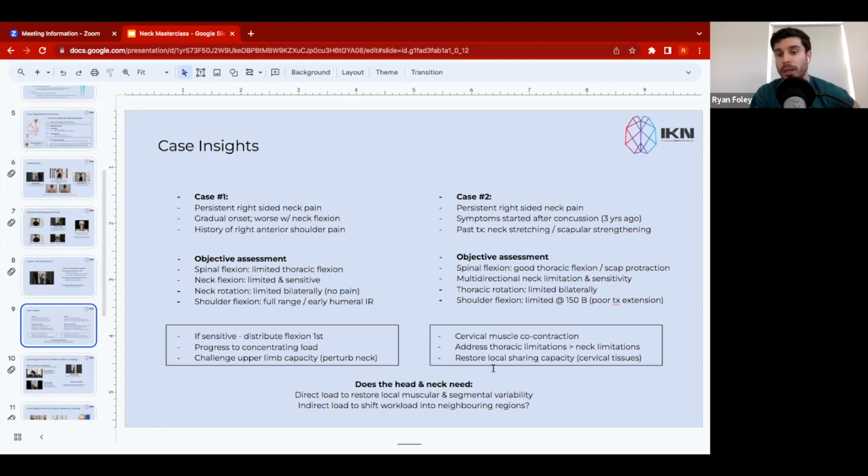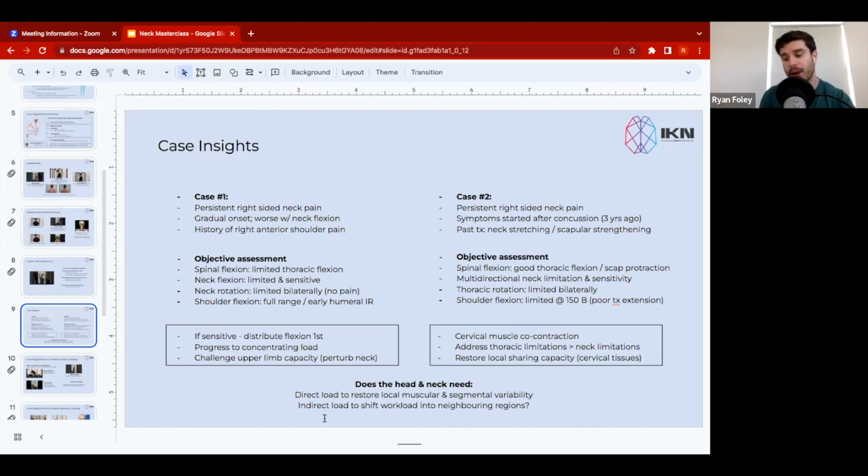And then we want to restore that local load sharing capacity of the cervical spine, okay? So generally at the very beginning here, we're thinking, does the head and neck need direct load to restore local muscular and segmental variability? Or do we need to actually restore more indirect load capacities, where we're restoring load capacity through the upper limb and allowing the proximal region around the head and neck to express more variability, secondary to improving load through the upper limb?